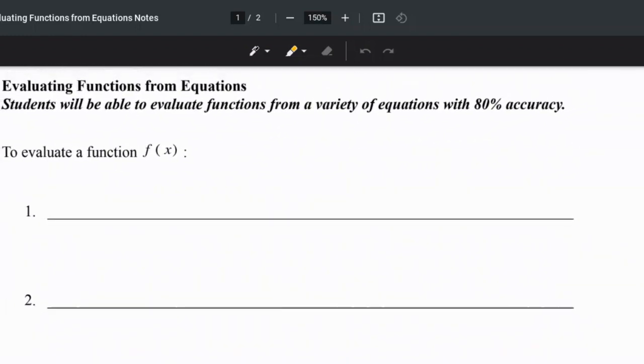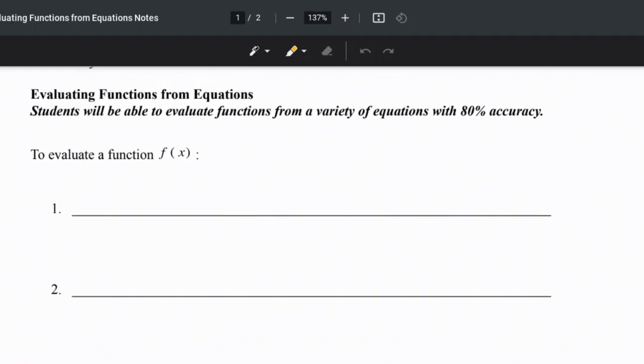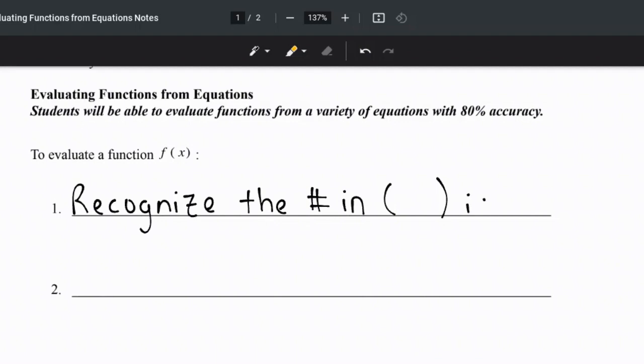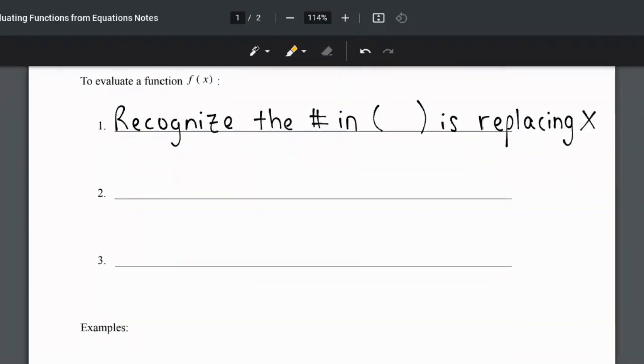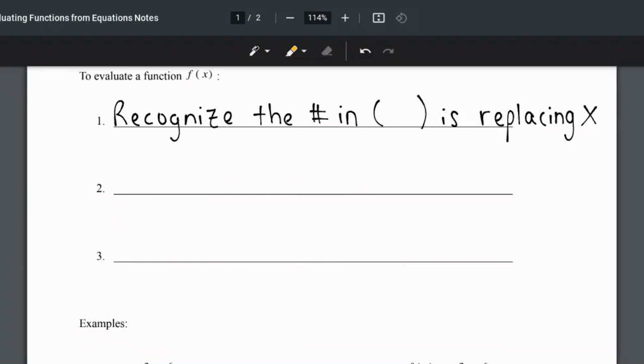First thing that you are going to do is recognize the number or expression inside of the parentheses is going to be replacing x. So you want to recognize that the number inside of the parentheses, and sometimes it'll be an expression, is replacing x.